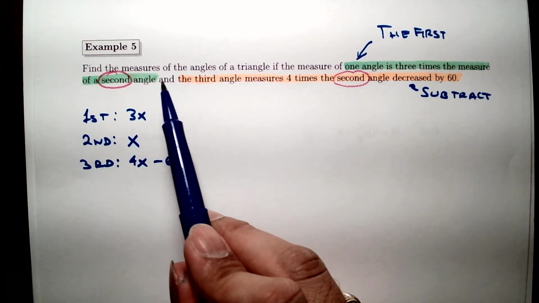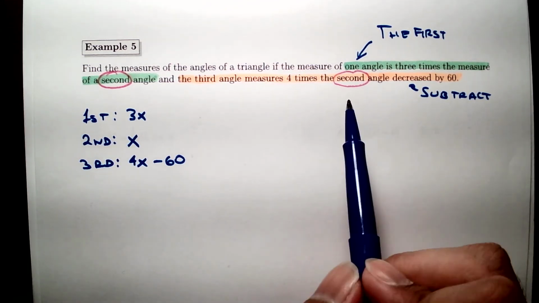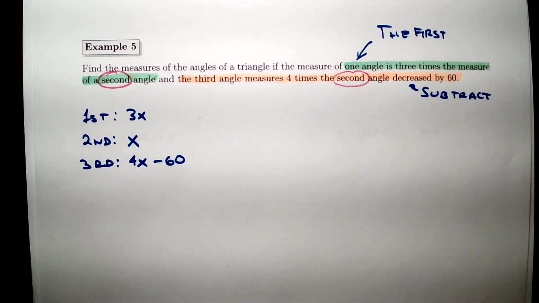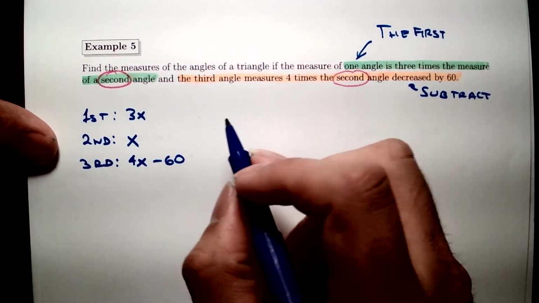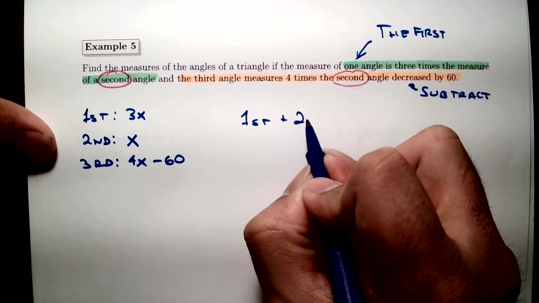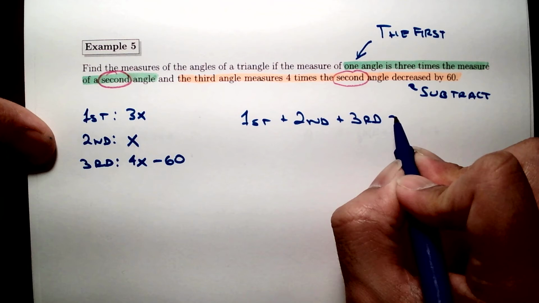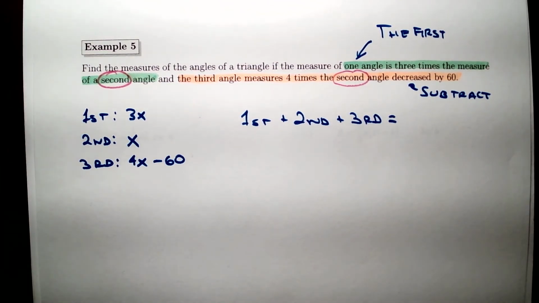All right, so apparently here we have all the information, but not quite, because we're talking about the angles inside of a triangle. Apparently we have some missing information. So first plus second plus third. But what is that going to be equal to? They're not telling us anything.